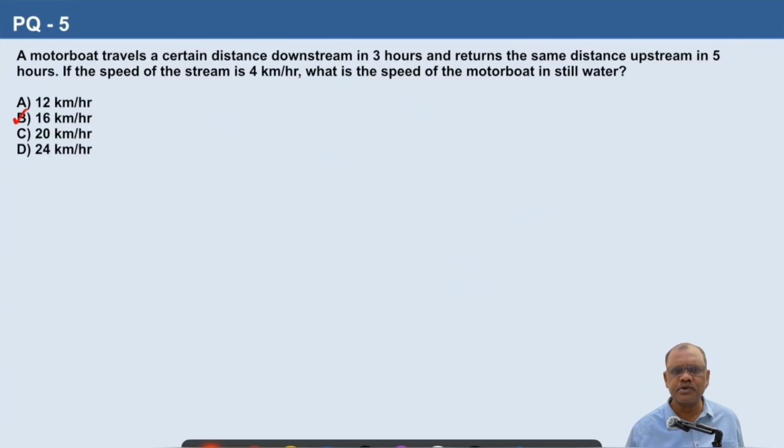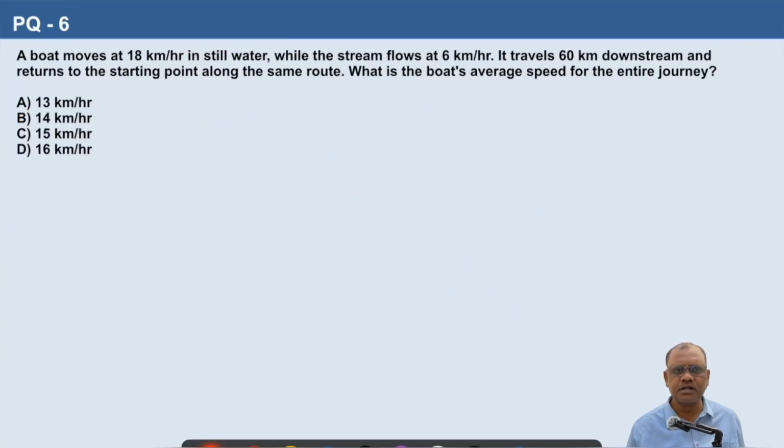So now let us move on to the next question. Question number 6. A boat moves at 18 kilometers per hour in still water while the stream flows at 6 kilometers per hour. So what are the relative speeds here?